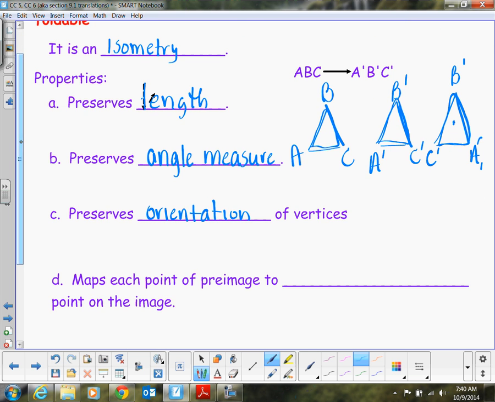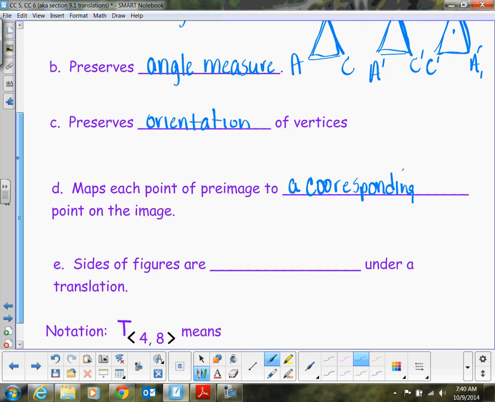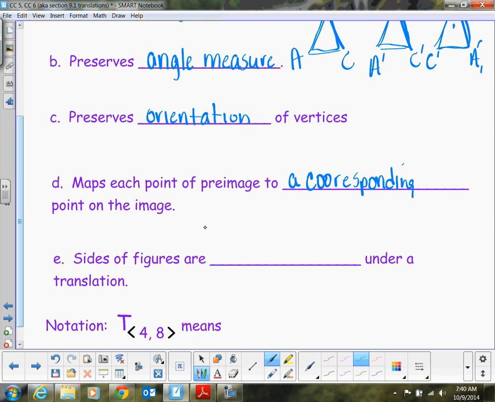It maps each point of the pre-image to a corresponding point on the image. Sides of a figure are congruent under a translation.